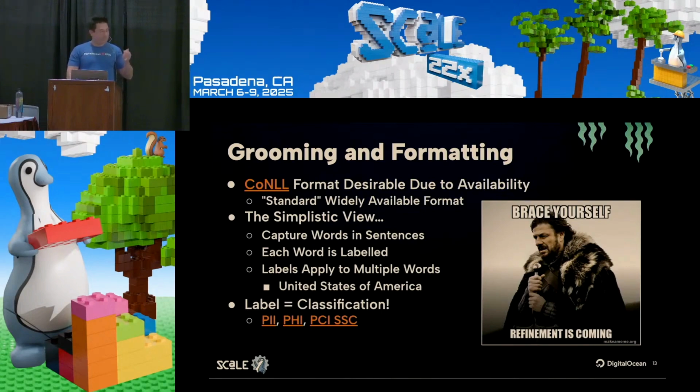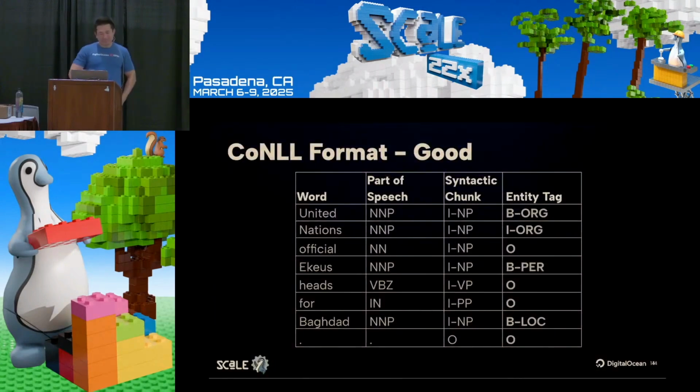So in the case of personal identifiable information, if you give your age, you would literally just use an age label. If it's my name, you'd use a name label. And what that looks like in the CoNLL format is this.